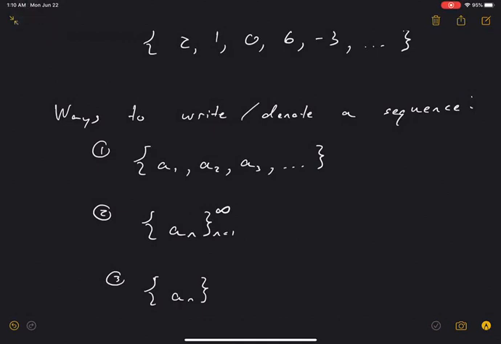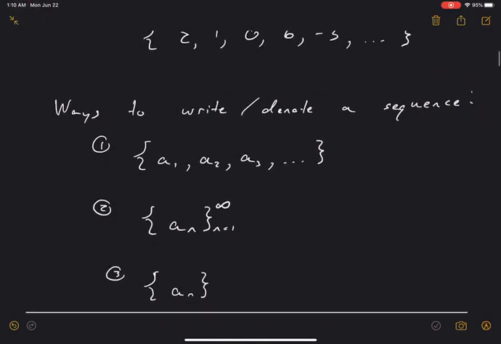I could just write a_1, a_2, a_3. These terms are all separated by commas, and then I have an ellipsis here. That means my sequence goes on forever. So that's one way to write a sequence, and just to denote I'm dealing with a sequence. Another way is to put braces and then just have a_n in the center.